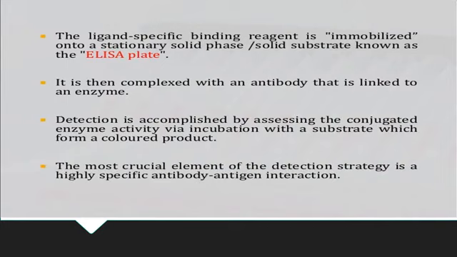I mean the substrate, if it sees antigen-antibody binding, changes the color of the enzyme which is linked to the antibody from colorless into a blue color, which forms a colored product. The most crucial element of the detection strategy is the highly specific antigen-antibody interaction.